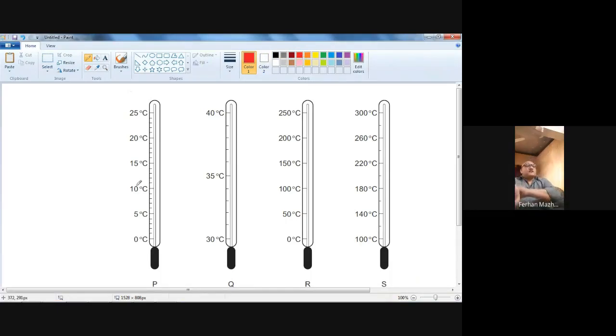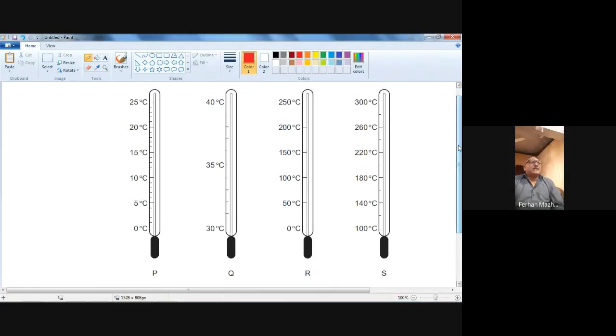You see here the four thermometers are given. Let me find out the range for each one of them. This goes from 0 to 25, so its range will be 25. This goes from 30 to 40, so its range is 10. This goes from 0 to 250, so its range is 250. This goes from 100 to 300, so its range is 200.